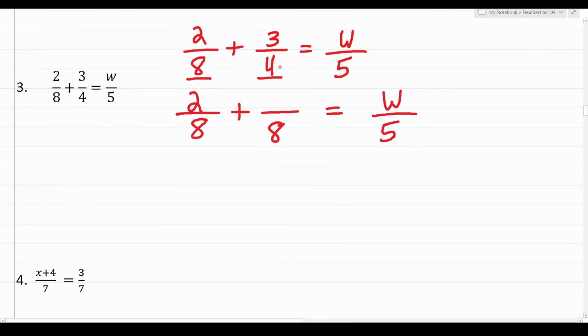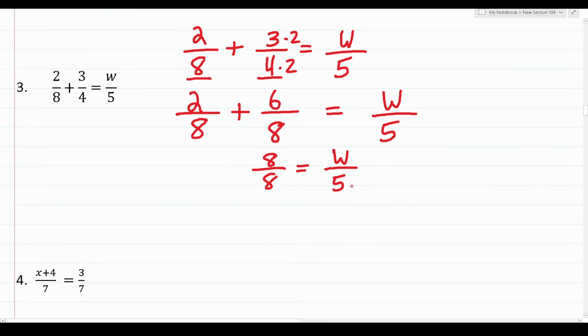To write 4 as 8, we have to multiply it by 2. 4 times 2 is 8, and we're also going to have to do that to its numerator. 3 times 2 is 6. All right, so now we're just adding these two fractions. 2 eighths plus 6 eighths is 8 over 8 equals W over 5.